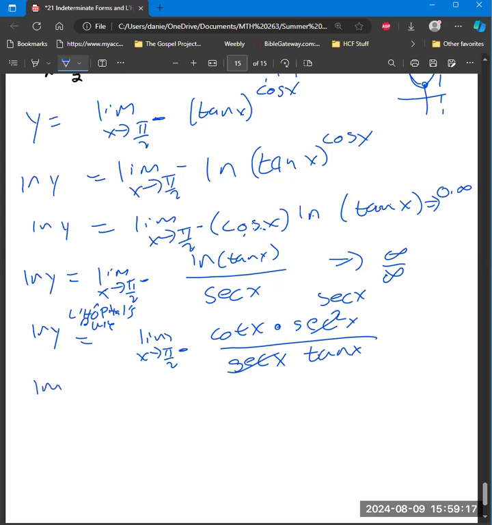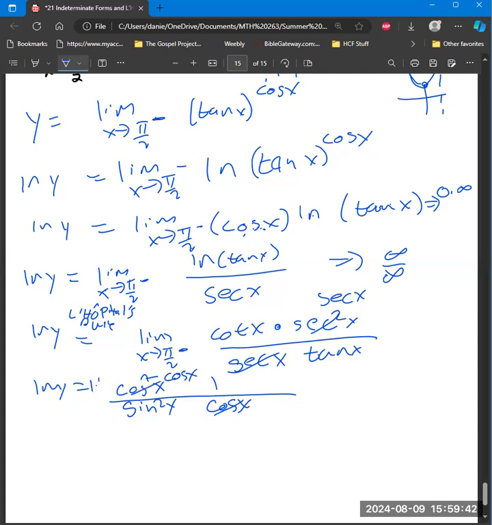So ln of y is equal to, this is going to be cotangent squared. So this is cosine squared over sine squared times 1 over cosine. One of the cosines will go away.